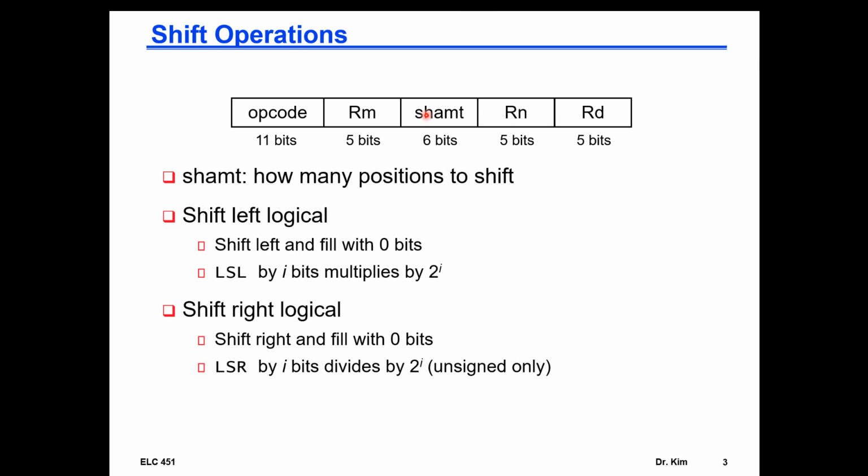So it allows us to specify from 0 to 63. And since our data word size is 64 bits, it allows us to specify from 0 to 63. And since our data path width is 64 bits, then we can shift any amount of bits that we want.